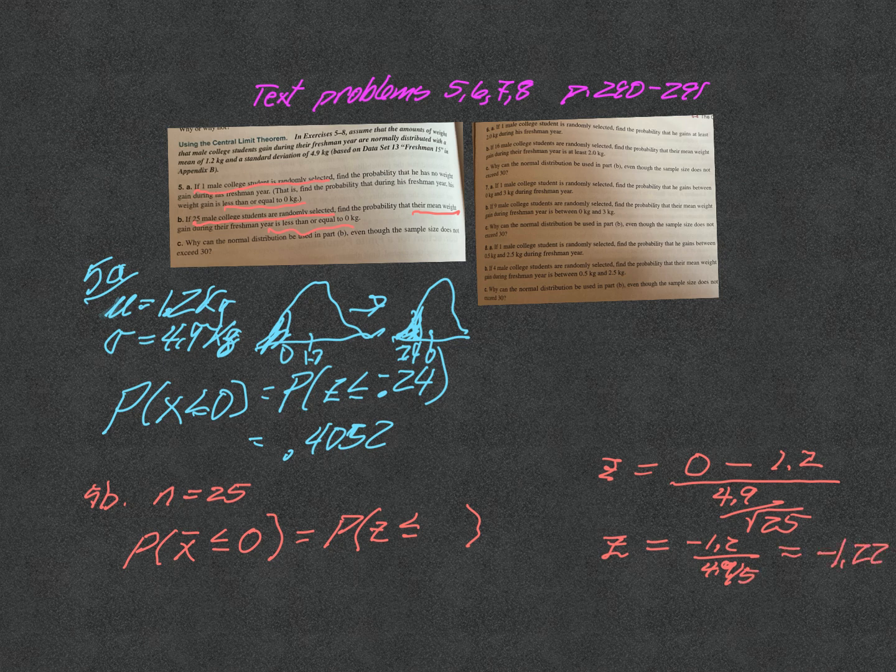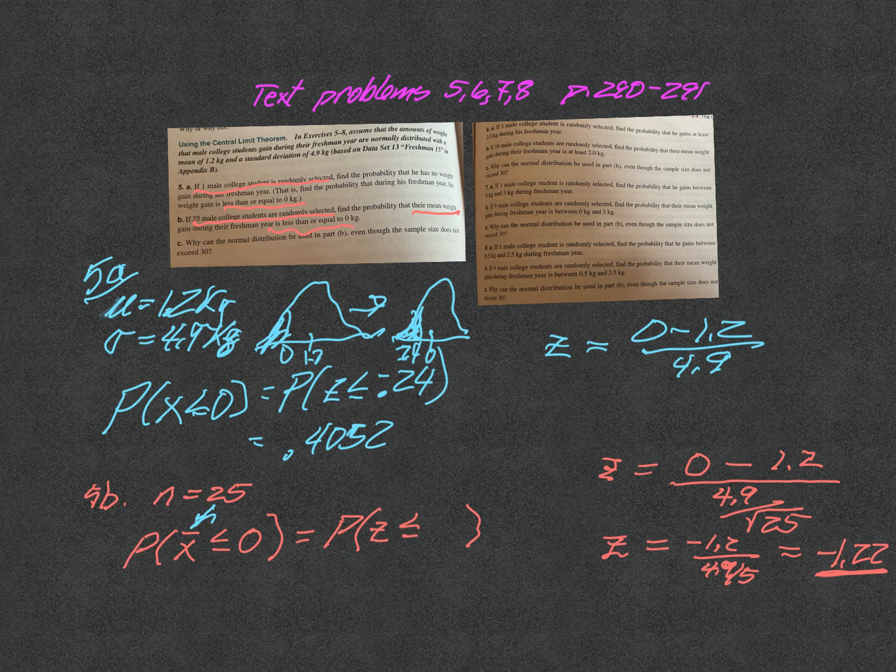The z from before was 0 minus 1.2 divided by 4.9. Now we use the standard error because we're dealing with a sampling distribution.